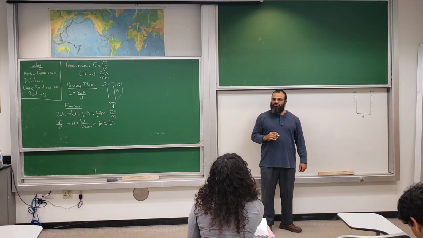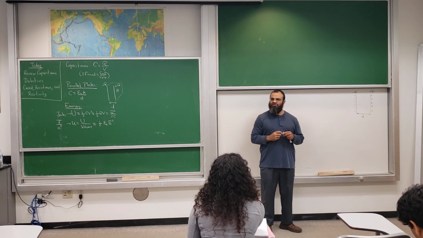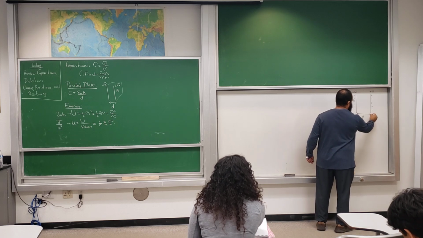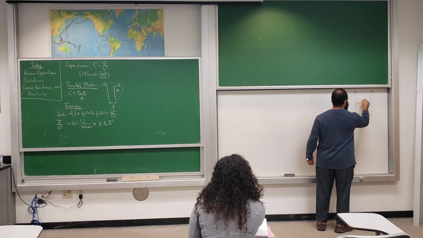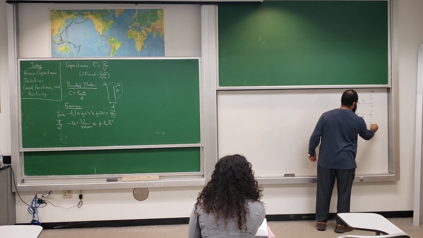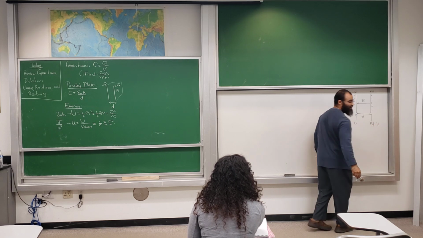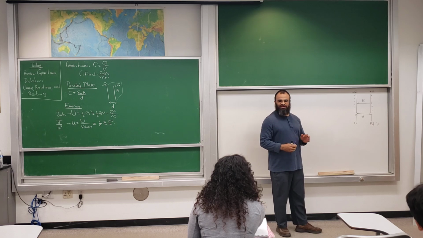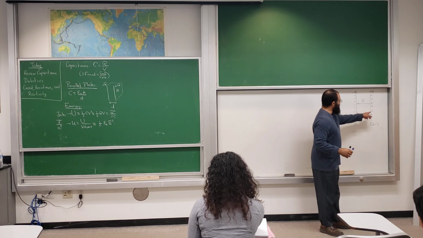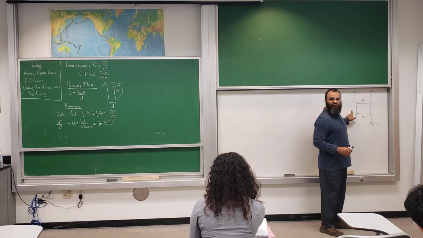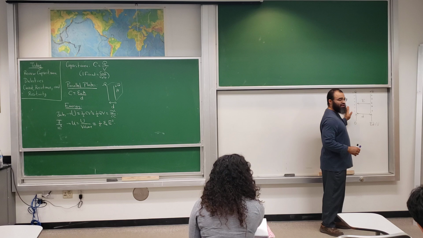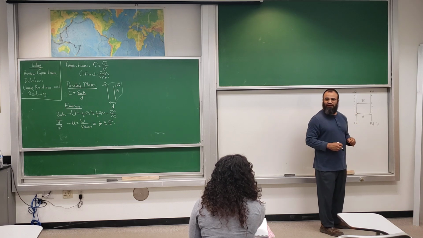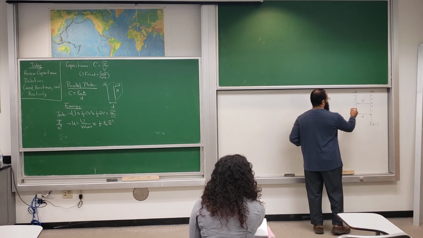When you have two infinite sheets of charge, what's the potential at this one? Okay, good. And then the potential here, remember the electric field is this way, right? It was ED, and it's just V. So when we say the potential difference is, let's say, 10 volts, it means the positive plate is 10 volts higher than the negative plate. Is that clear? So why am I saying this?